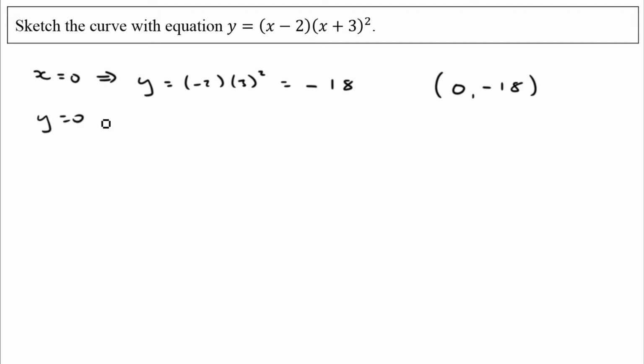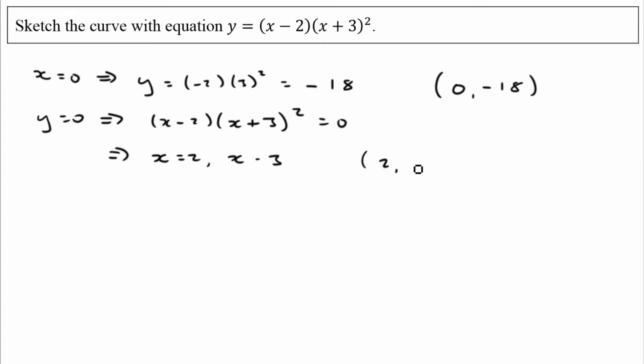When y is 0, we have that (x subtract 2) times (x plus 3) squared is 0, so therefore either x is 2 or x is negative 3, so we pass through these points on the x-axis, (2, 0) and (negative 3, 0).